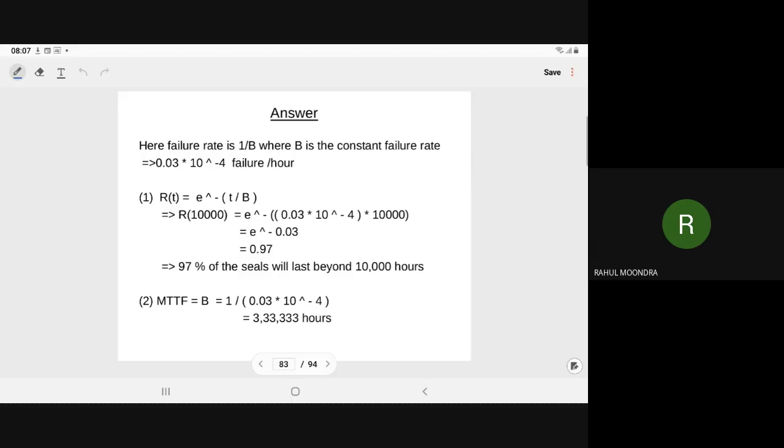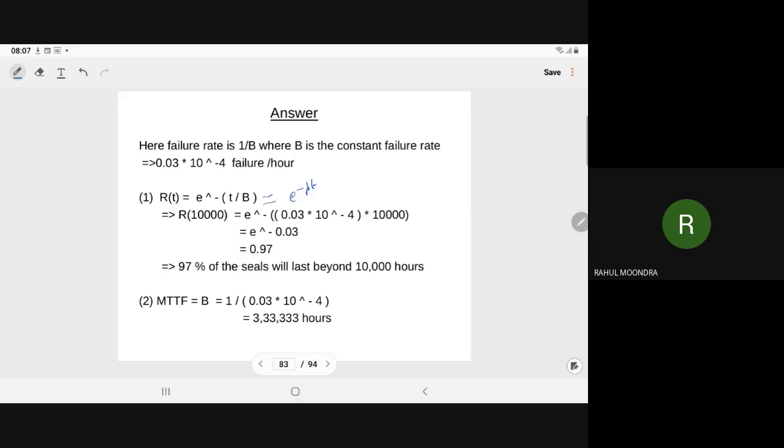You know that if the time to failure follows the exponential distribution, then the reliability will be e to power minus lambda into t. Since the failure rate is given, it becomes e to power minus lambda t.